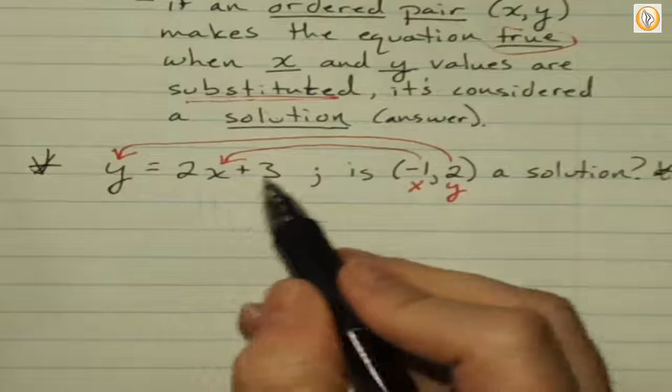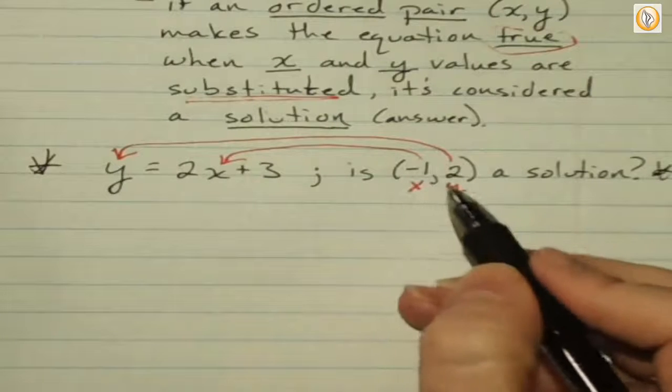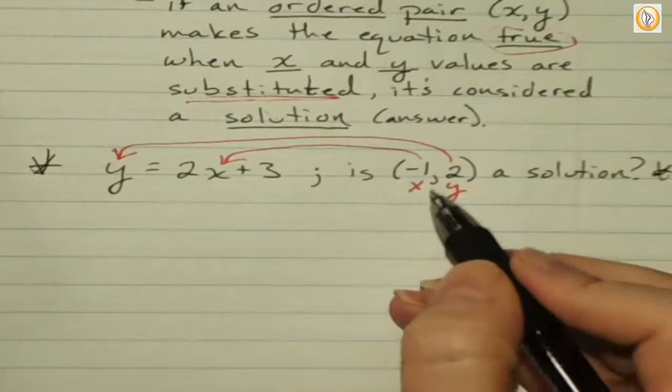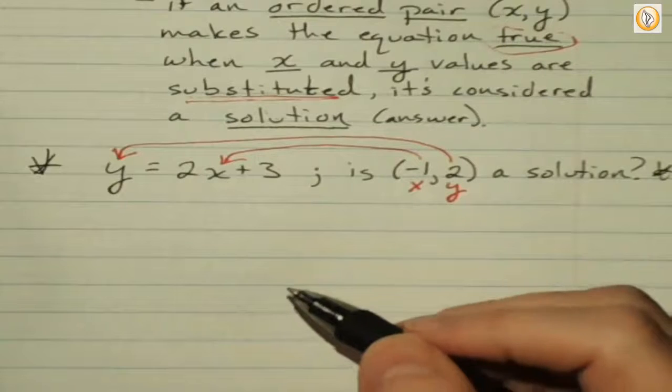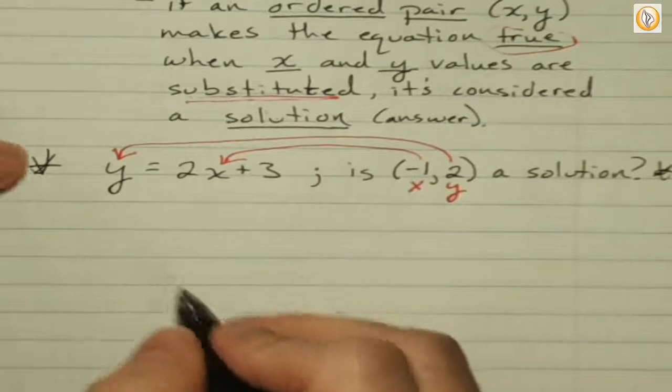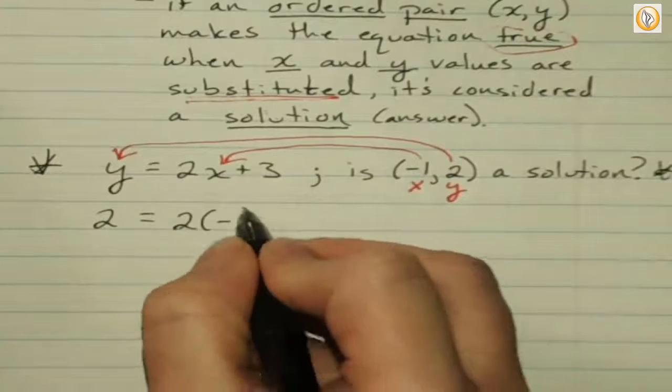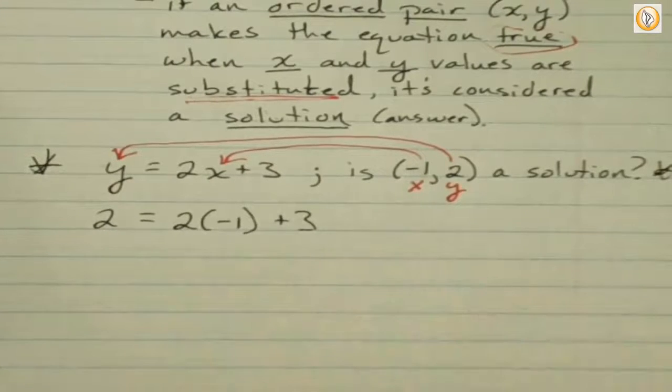Okay, so there's your equation. They're asking if this ordered pair is a solution. To check that, you just substitute into the problem. So now I have 2 equals 2 times -1 plus 3.